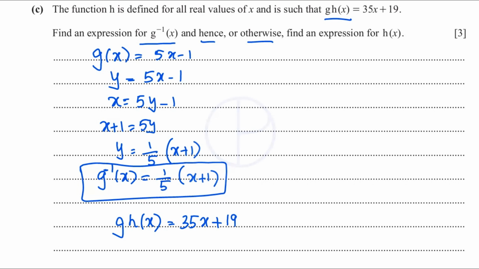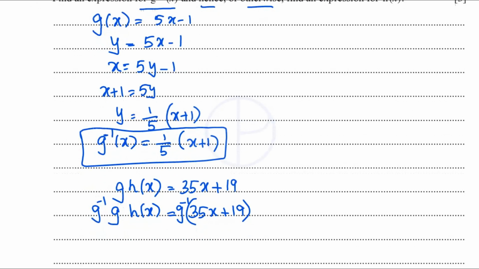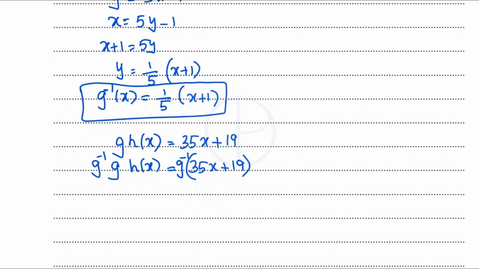If we take g inverse on both sides, we get g inverse g h of x equal to g inverse of 35x plus 19. So g inverse and g get cancelled. So we get h of x equal to g inverse of 35x plus 19.